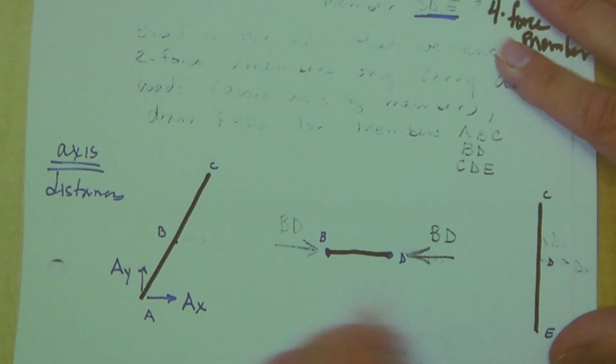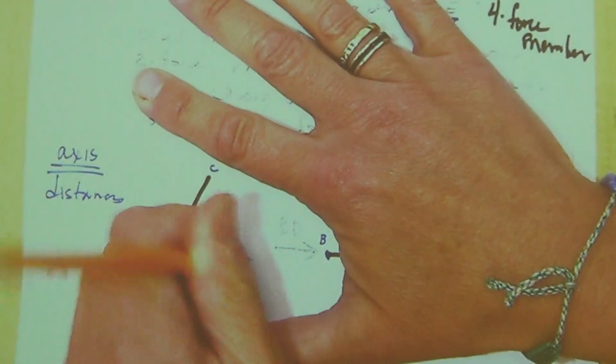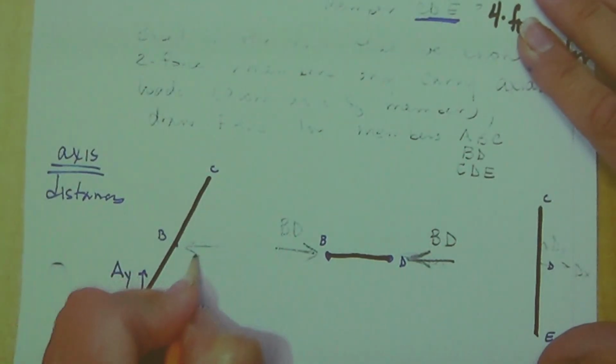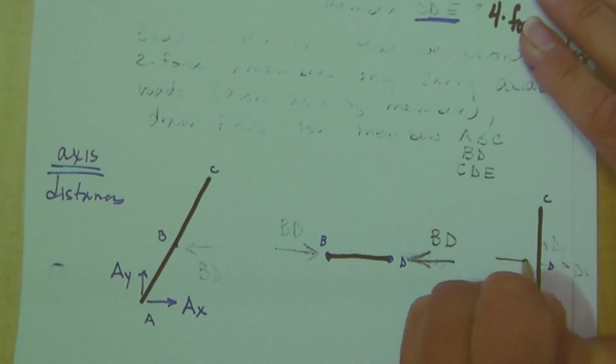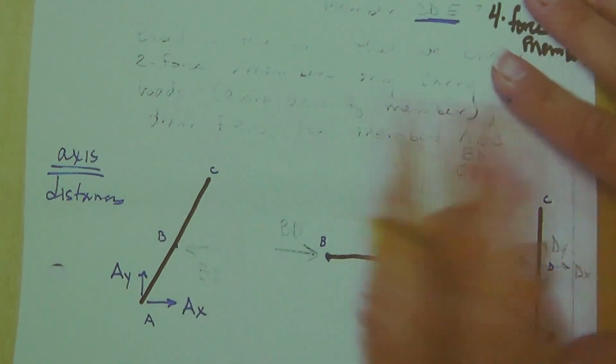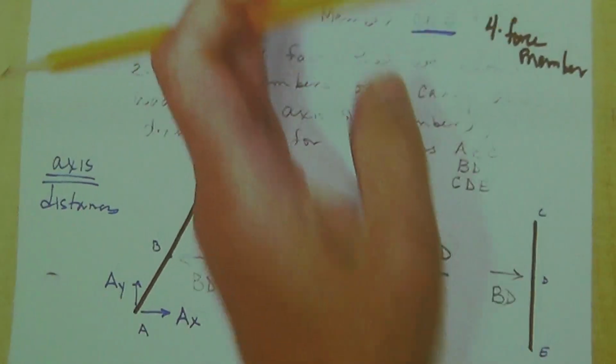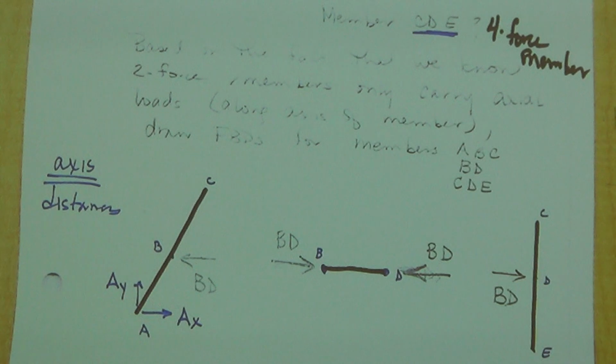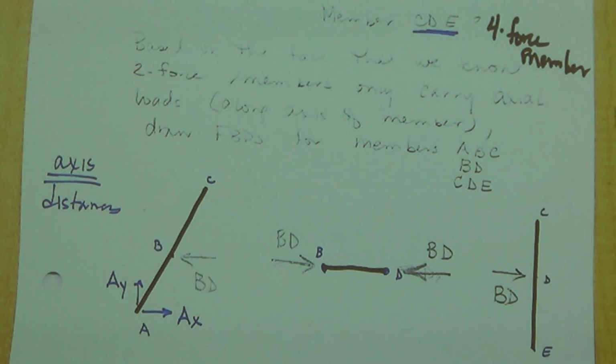Yeah. Equal and opposite, so then what am I drawing here? BD and BD. So this is awesome, that on two force members, we just reduced it from 4 unknowns, BX, BY, DX, DY, to how many? To BD.